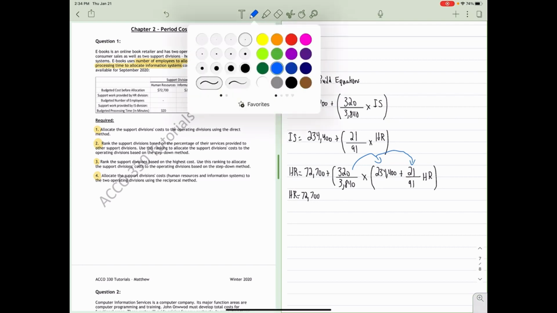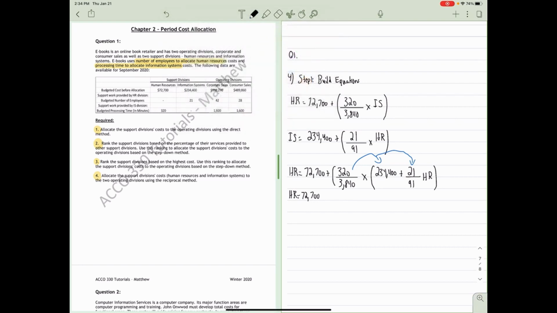That's just simple math. So I got 19,533, plus 320 over 3,840 times 21 over 91. Doing everything in fractions, I get the answer as 1 over 52 HR.